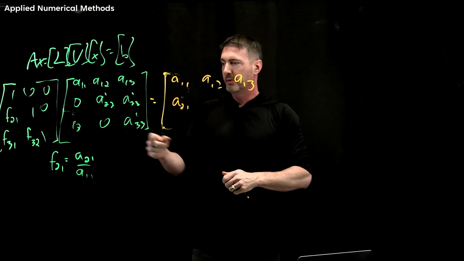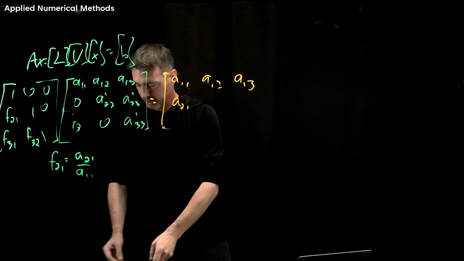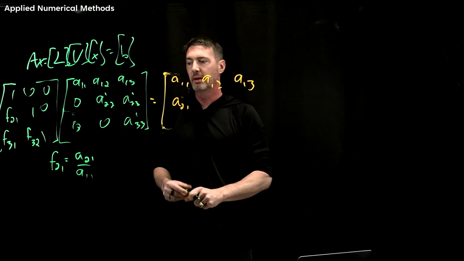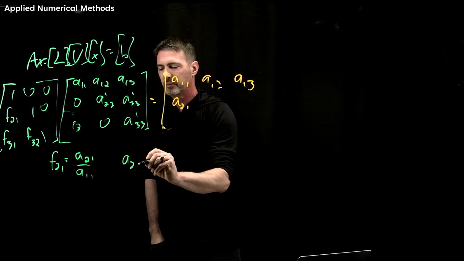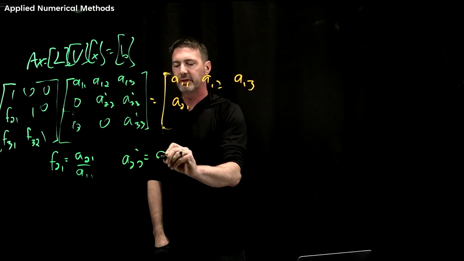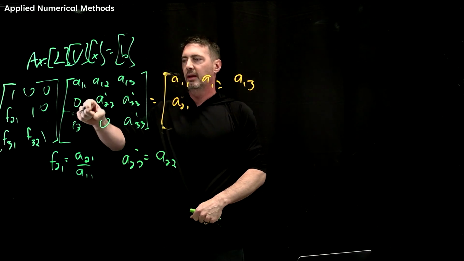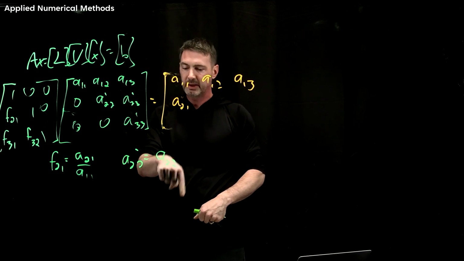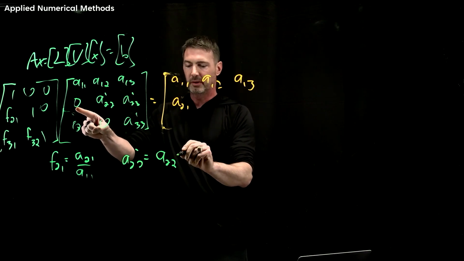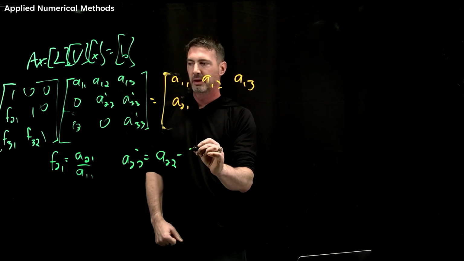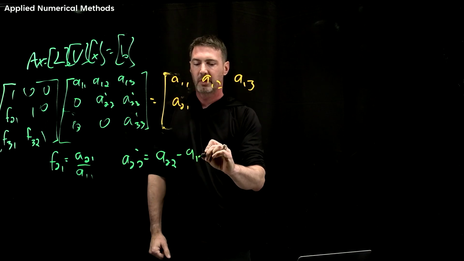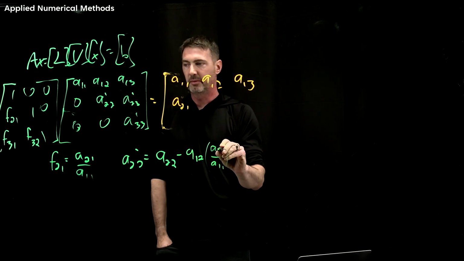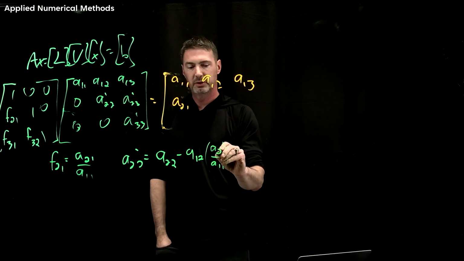Now, before we do A22 prime, when you go back and figure out what A22 prime was, it was, because we actually started with A22 and we were multiplying the top row by this factor and subtracting it. That's how we got this to be 0. And so that is A12 times the factor, and the factor is A21 over A11.